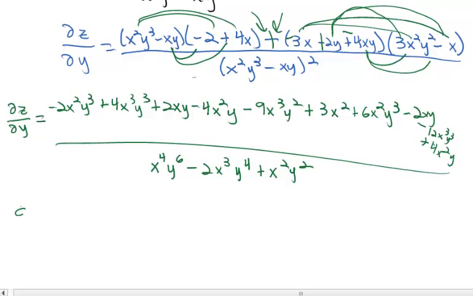So let's find some like terms to clean this up. Partial of z with respect to y. We've got x squared y cubes.